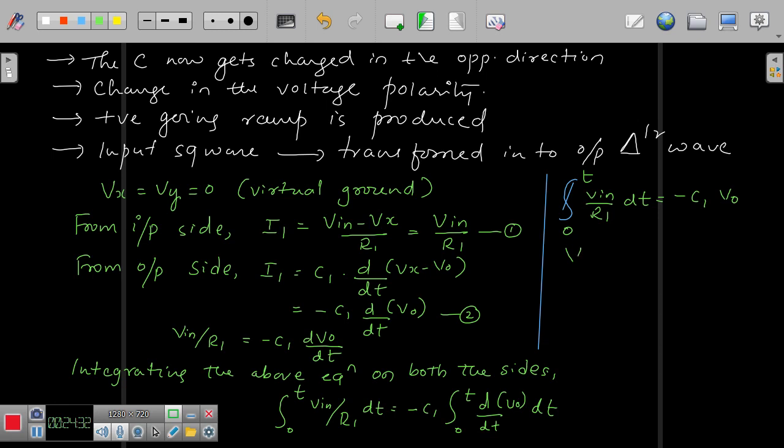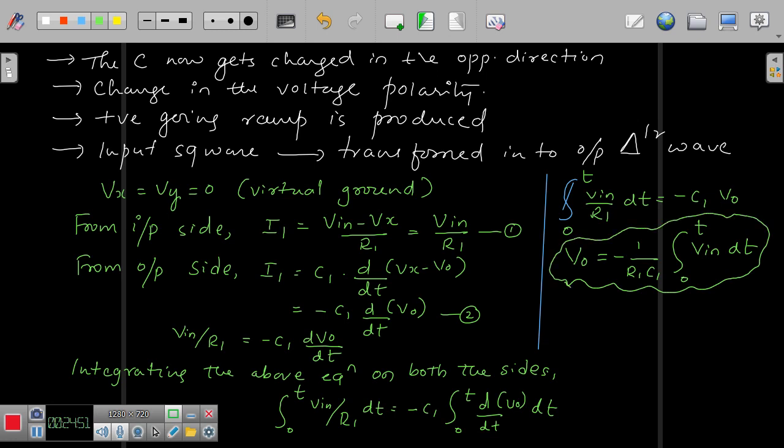So now I am going to get V naught is equals to minus 1 divided by R1 C1 into integral from 0 to t of V in dt. So this is my final equation, what I wanted here. V naught is equals to minus 1 divided by R1 C1 into integration of the input signal, and my R1 C1 here happens to be, what is this?